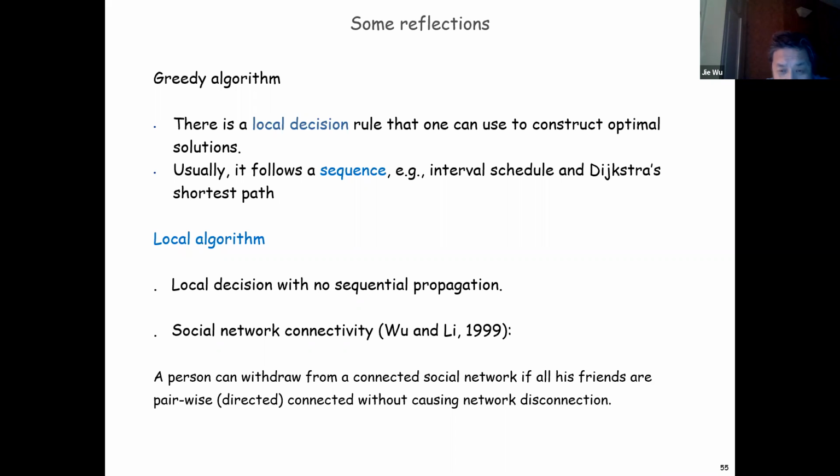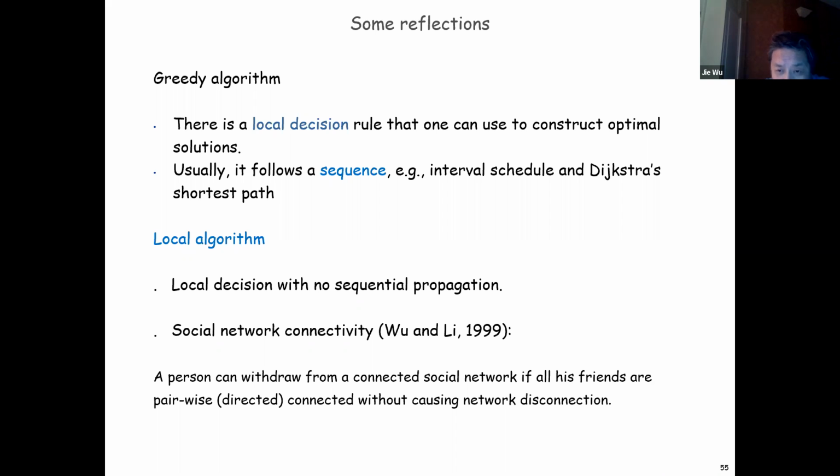Then one day, the government says that you need to shut down. But the condition is that when you shut down your site, you cannot disconnect other people. You have to be careful that when you remove your node, you may disconnect the whole network. So can you make a local decision while keeping a global property, global connectivity?